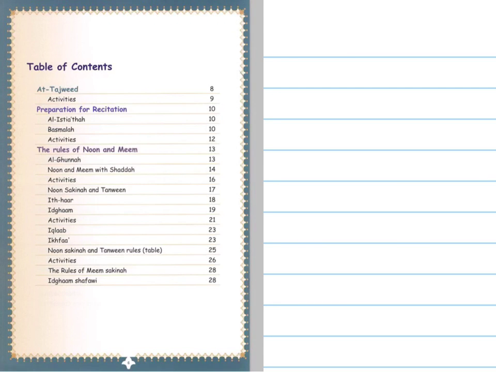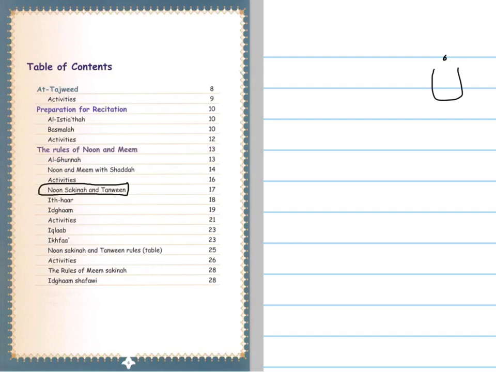Bismillah ir-Rahman ir-Rahim. Welcome to this third video podcast in which we are discussing in this series the rules of Noon sakinah and tanween. What we've said this whole time is that this chapter is about the Noon that is sakin, that is silent.